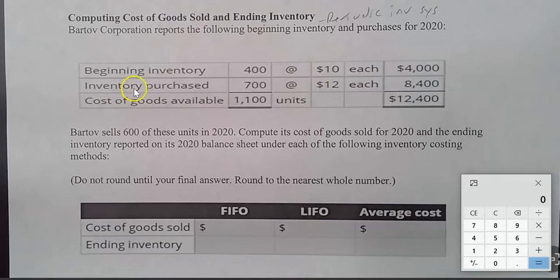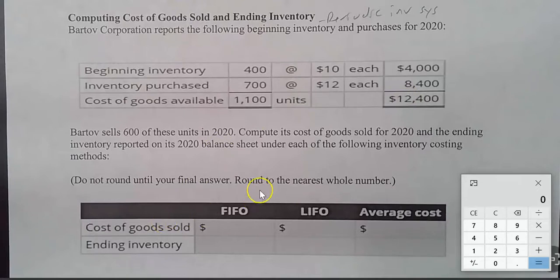During the year, they purchased an additional 700 units. The cost went up some to $12 per unit, and that inventory purchased throughout the year was $8,400. So the cost of goods available for sale equals 1,100 units and $12,400.